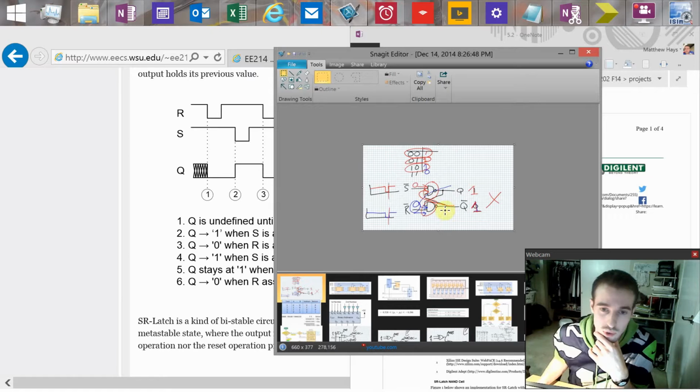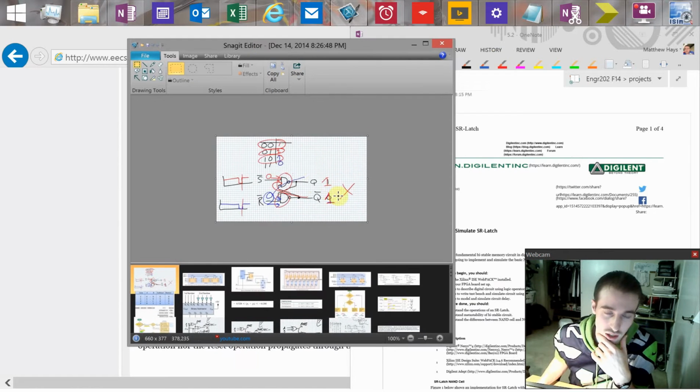Okay, now this project introduces the idea of how propagation delay can cause a glitch in this circuit, where you end up getting metastability, where your Q will oscillate between 0 and 1.